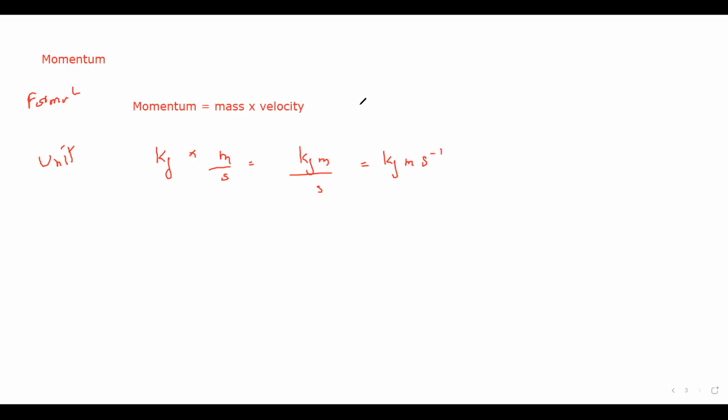So a physical quantity can be a scalar quantity, or it can be a vector quantity.